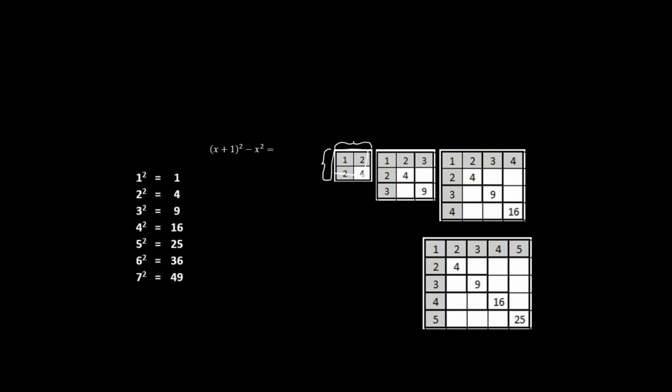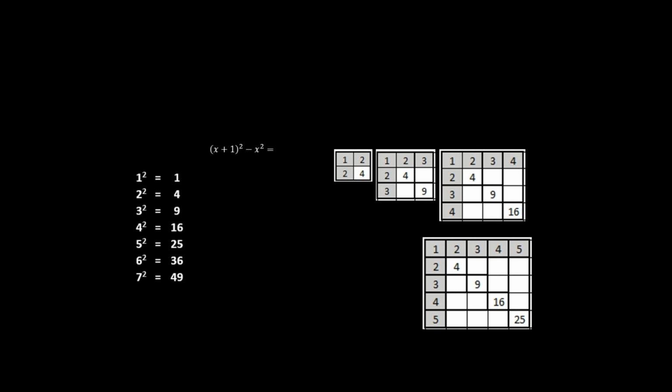In the same way, 3 square is 9, 4 square is 16, 5 square is 25. Okay, and what is the difference between each square?